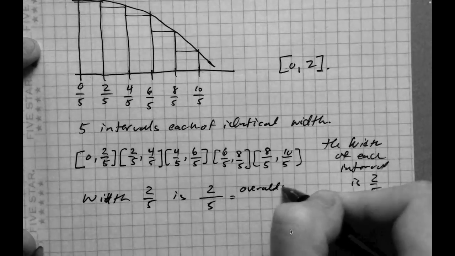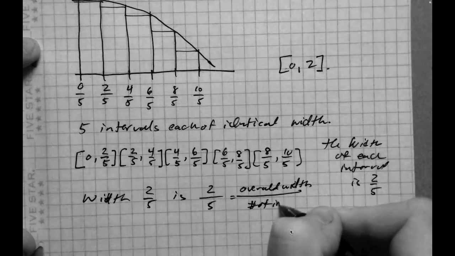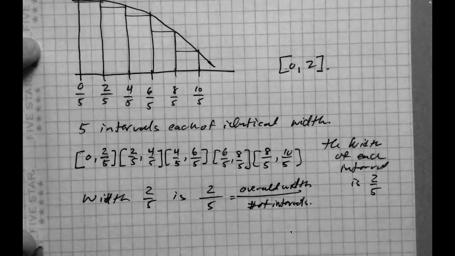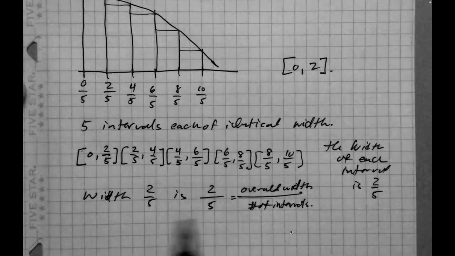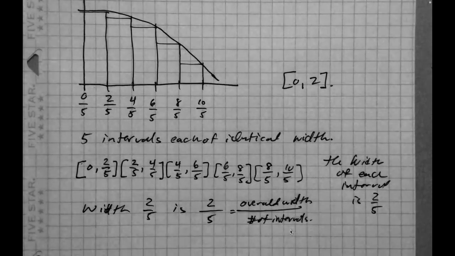So the overall width divided by the number of intervals. I'm taking my time and making sure that this construction is clear and pointing out some of the key little pieces here.